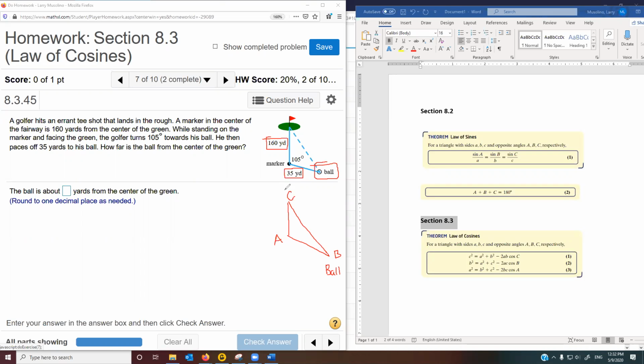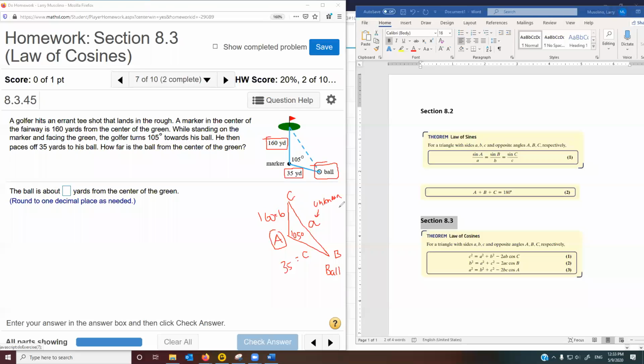You could put angle A up here at the top if you want, but you do have to label the sides correspondingly. So if this is angle A, I've got to label the opposite side as side A. So that means that's side B and that's side C. All right, well, they're telling me that side B is 160. Side C is 35, and I know angle A is 105 degrees, and side A is the unknown quantity.